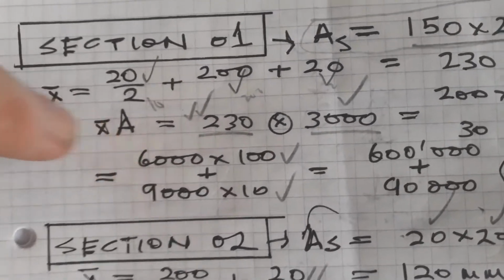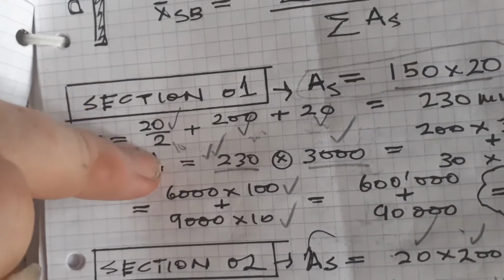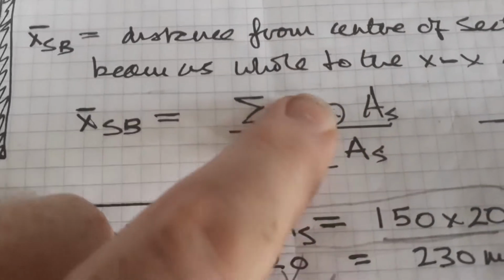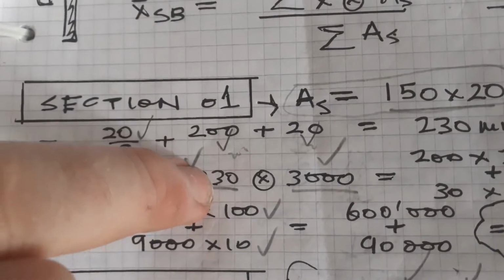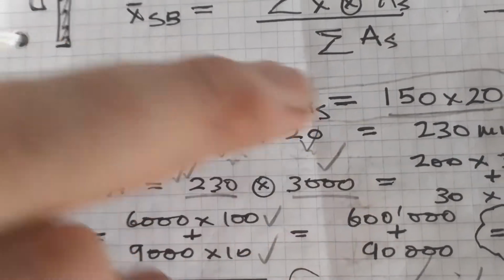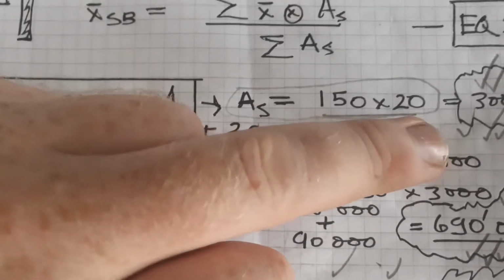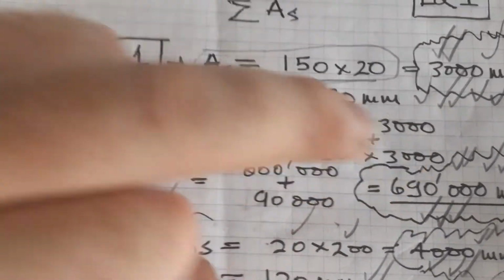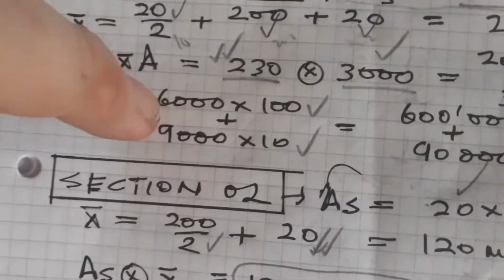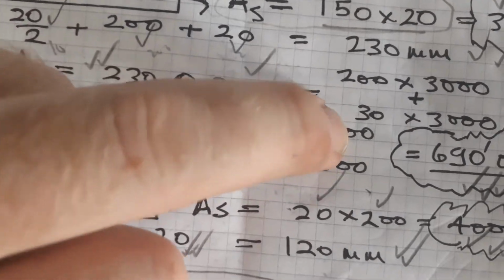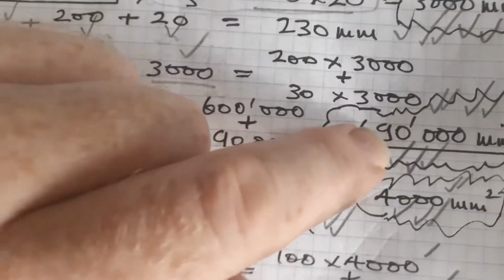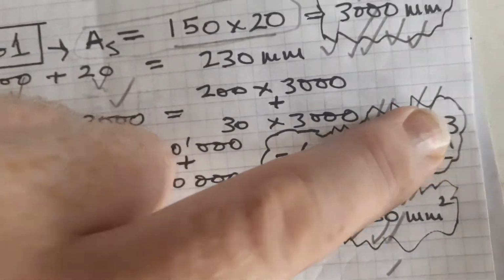So x bar AS, the top part of this equation, is equal to 230 times 3,000. That's 200 times 3,000 plus 30 times 3,000, which is 600,000 plus 90,000, which is 690,000 millimeters cubed.